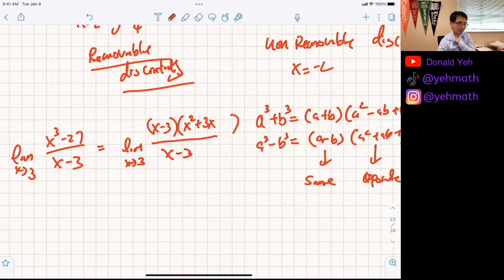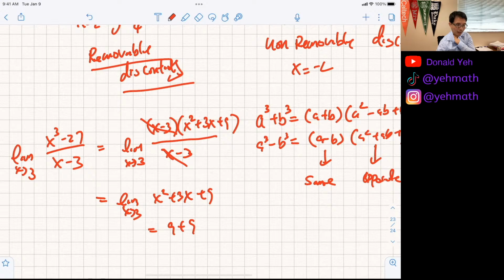So it's x and 3, and plus 9. Those will cancel out. Limit as x approaches 3 of x squared plus 3x plus 9 is equal to 9 plus 9 plus 9, which is 27. So even though I didn't test you on the first test because there's too much information, I can test you on limits if you know how to factor the cube. And that's how you factor the cube.